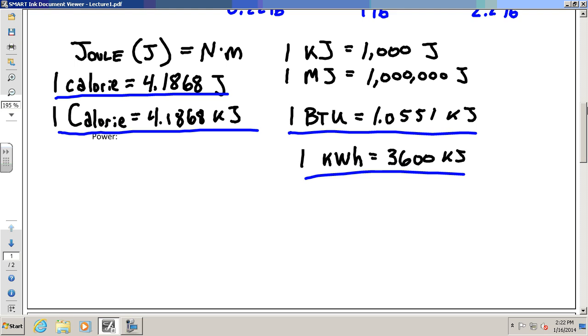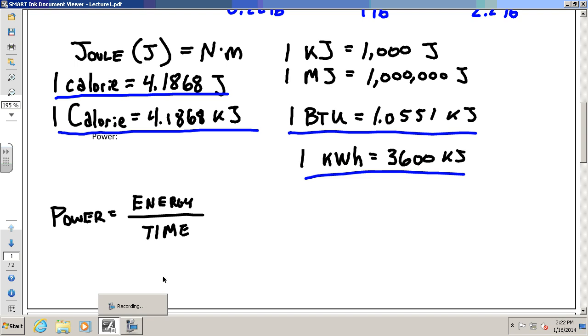Now, power, since we talked about kilowatt hours and started talking about power, power is simply equal to energy divided by time. That's all it is. Power is energy divided by time.